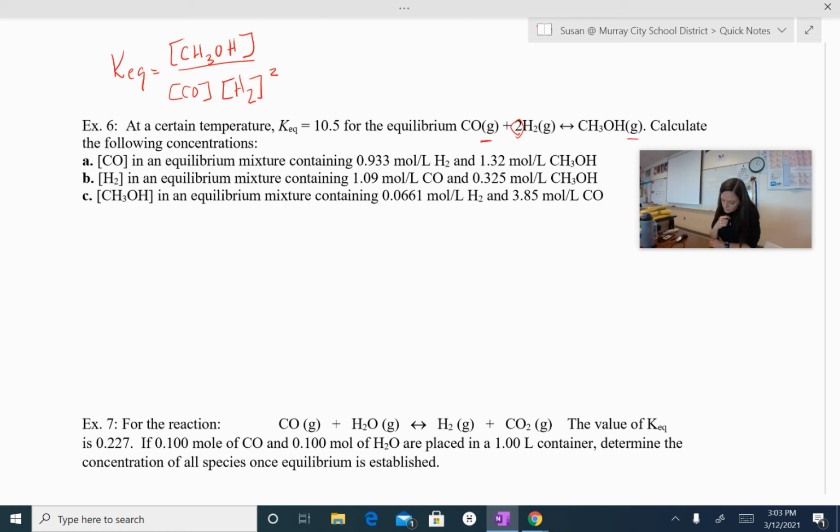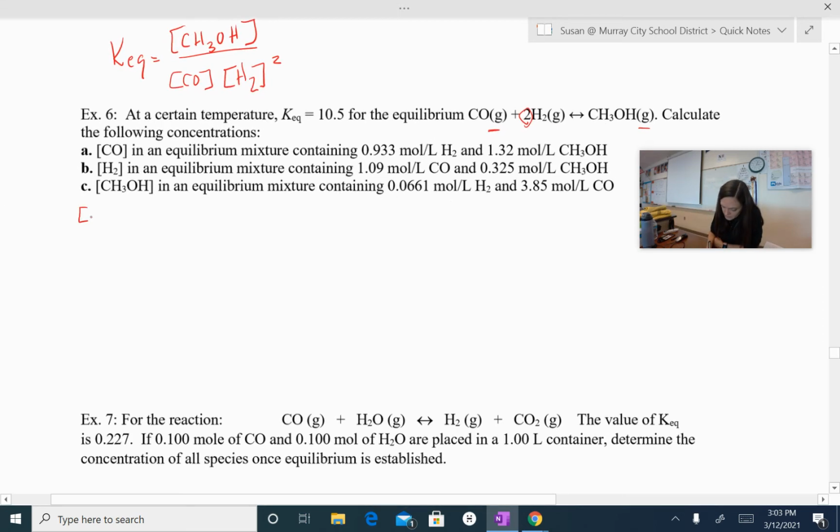Okay, so in A, we want to solve for carbon monoxide, right? So if I solve for carbon monoxide, isn't carbon monoxide going to be equal to our methanol concentration divided by our equilibrium constant multiplied by our hydrogen concentration squared?